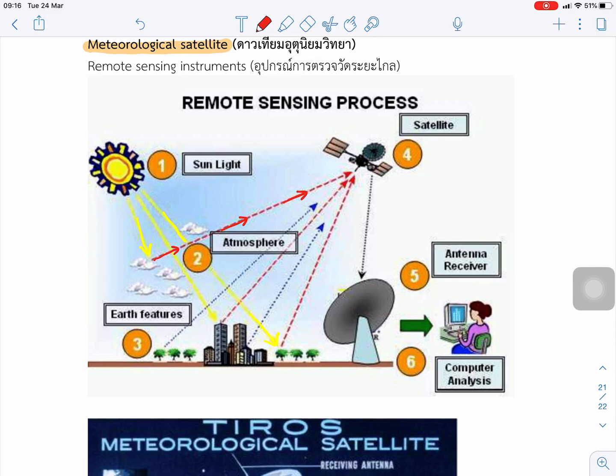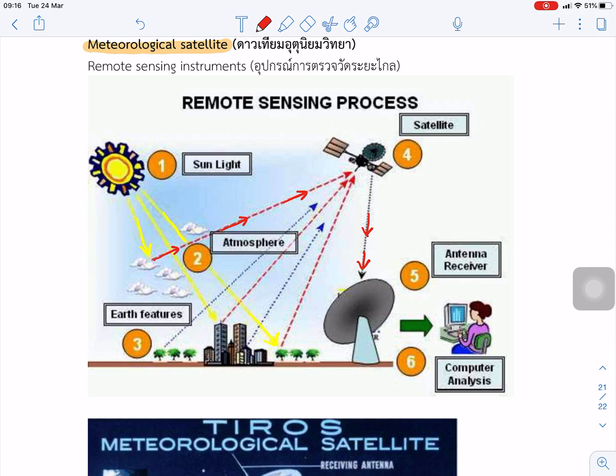The satellite can record the reflection signal from the cloud and send the signal to the antenna receiver for analysis. So this one we call the remote sensing process. We use the satellite to identify the size of the cloud and the movement of the cloud.